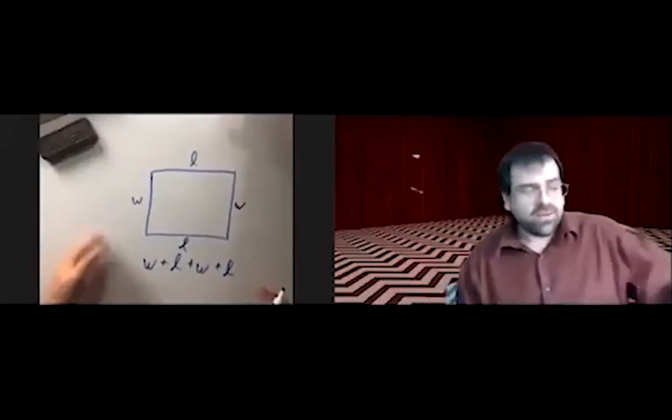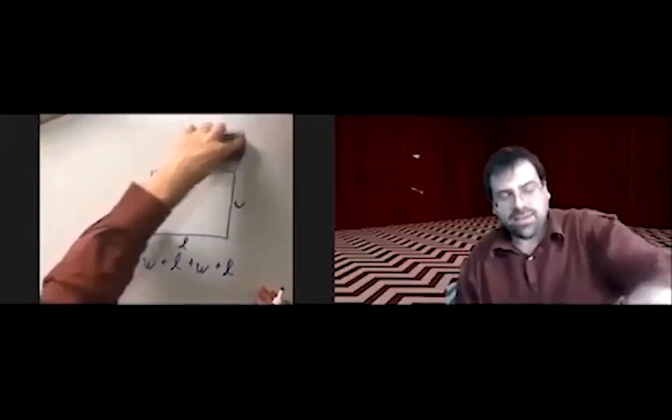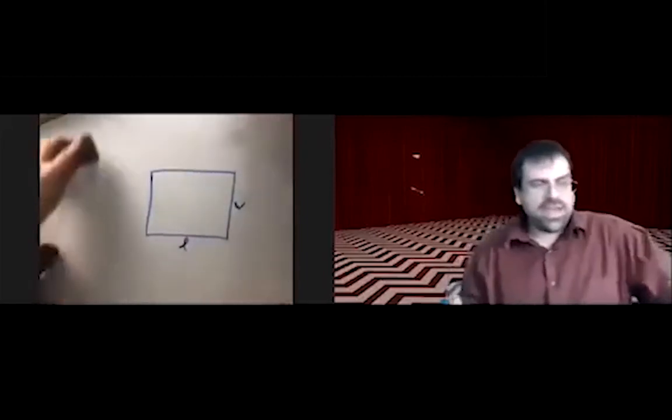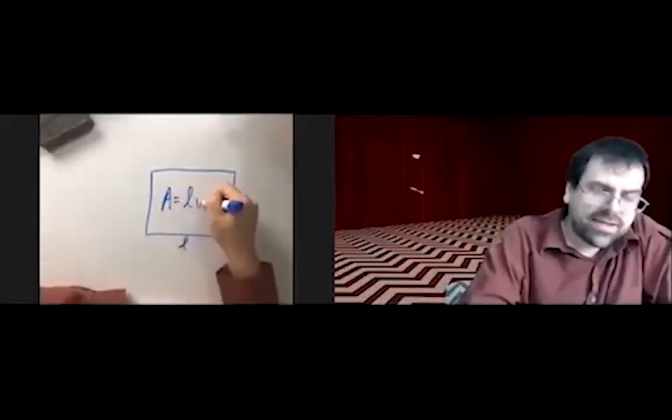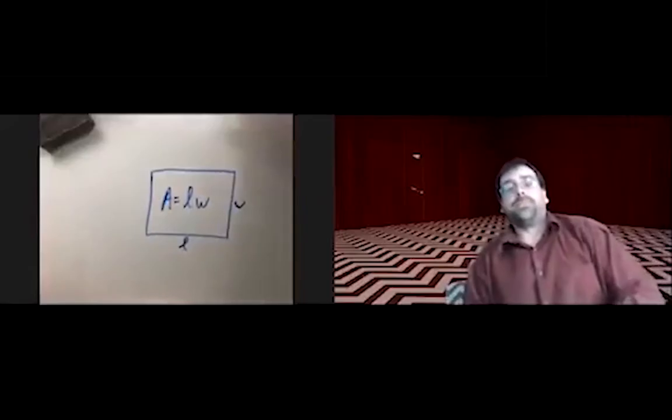And now we have area, which is something else. And we have a length and we have a width. And the area is the length times the width.